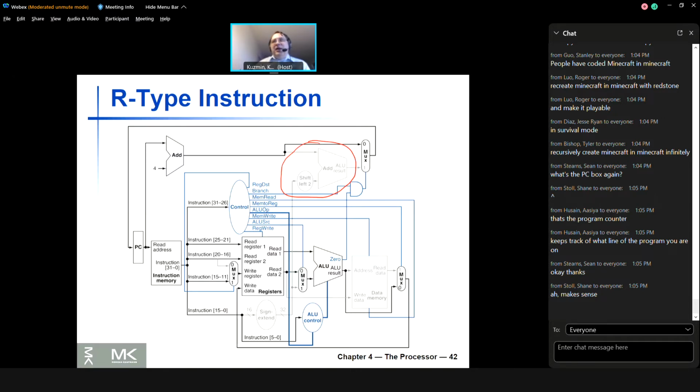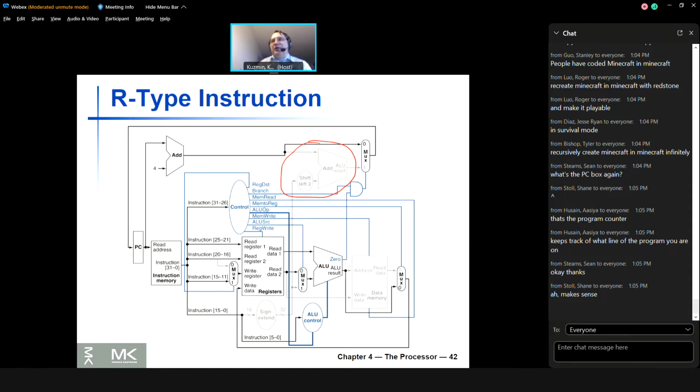You should understand that shift left 2 and our adder are hardware components, and you cannot just turn them off individually in the vast majority of cases. That's not the level of abstraction that we are considering. All the components work all the time. So when we say unused, it means that whatever their result is, we're not going to use it.